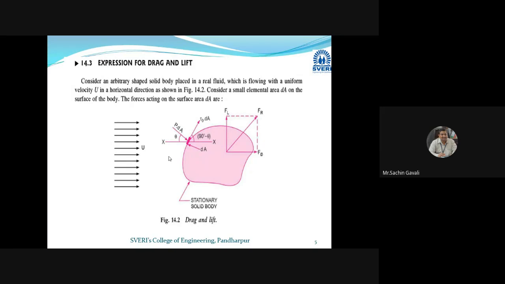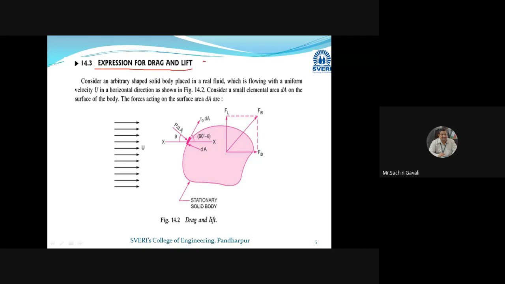Okay, so everybody replied. So, expression for drag and lift. Write down: expression for drag and lift on a stationary body.